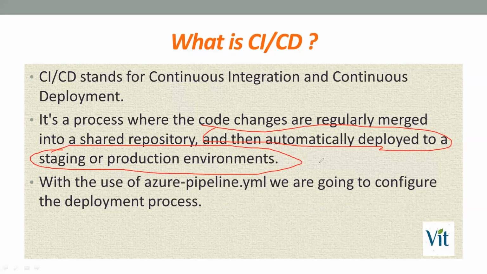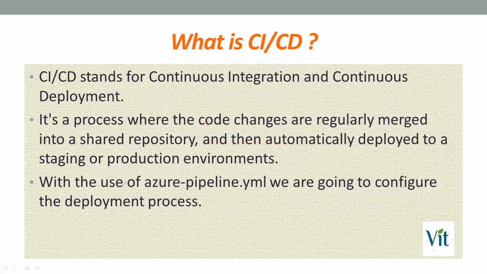Any environment, automatically it is going to deploy. That is what CI/CD is. Here, with the use of azure-pipeline.yml, we are going to configure the deployment process. How to configure and how to deploy, we will see. But just try to understand what the CI/CD process is.